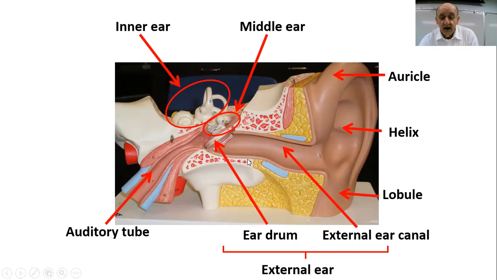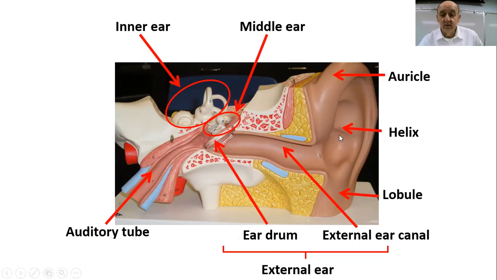To sketch out our hearing apparatus, we divide the hearing apparatus into 3 regions. And your lab report shows it external, middle, and inner ear within point number 6. So external ear, you see all the structures here labeled on this model, whether it's the auricle or helix or lobule.